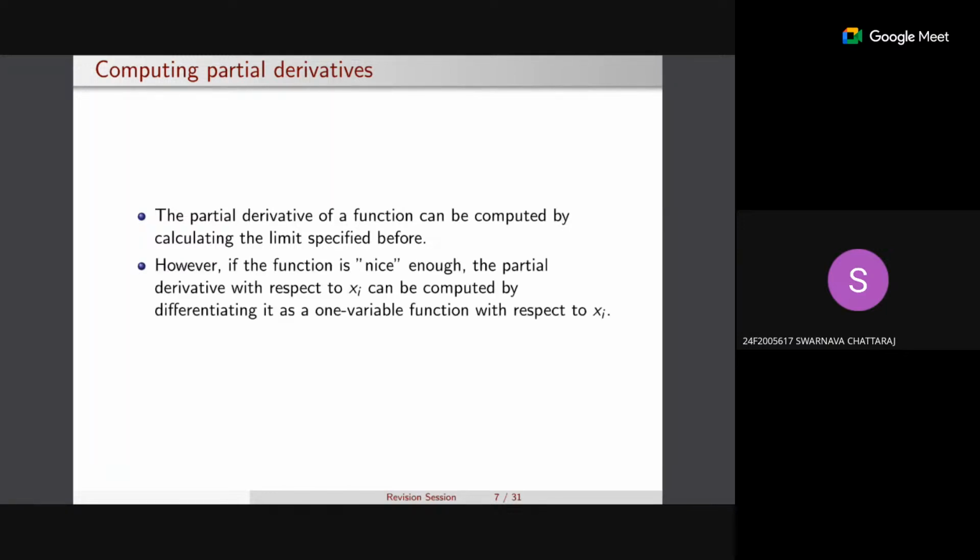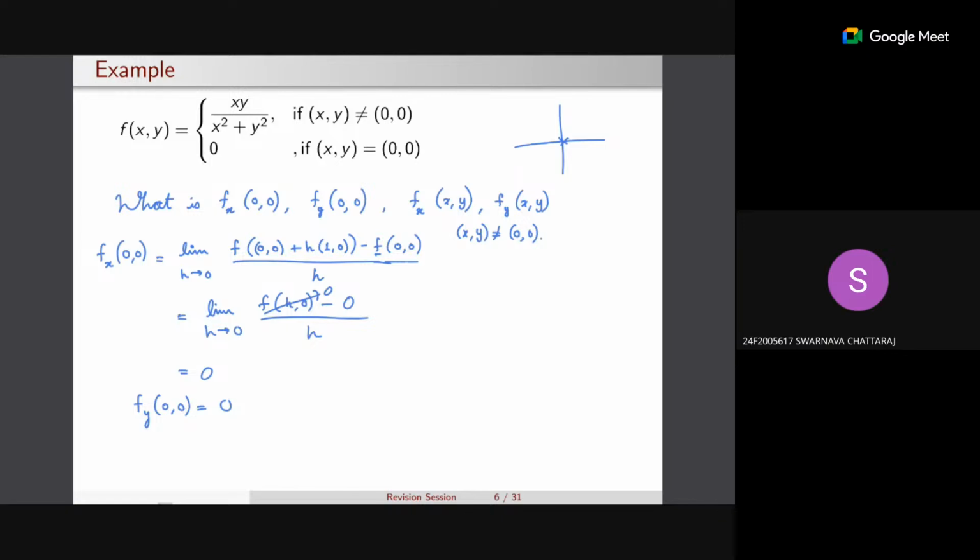If the function is nice enough, by which I mean it is defined in a neighborhood in the same way using a closed form expression. Here you see at 0 it's defined differently and in a neighborhood it's defined differently. But for any other point, there will be a small enough ball around that point in which it is defined the same way.